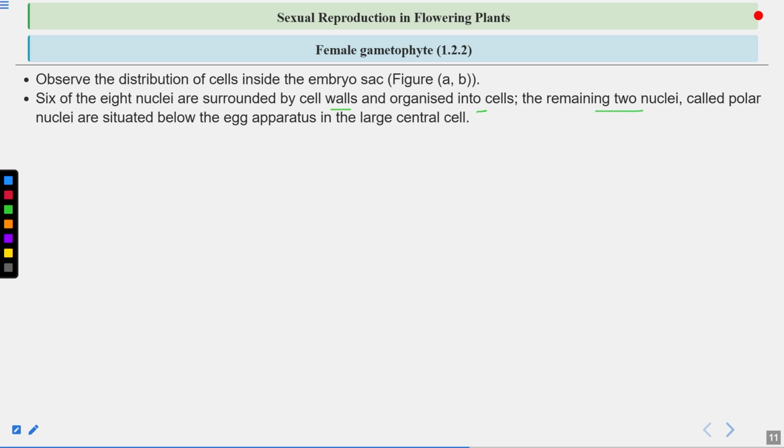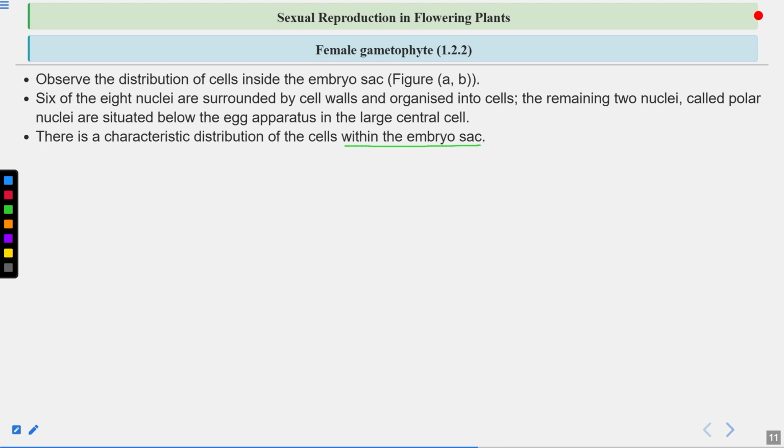And the remaining 2 nuclei, called the polar nuclei, are situated below the egg apparatus in the large central cell. The polar nuclei are situated in the center of the central cell, just below the egg apparatus. There is a characteristic distribution of the cells within the embryo sac.